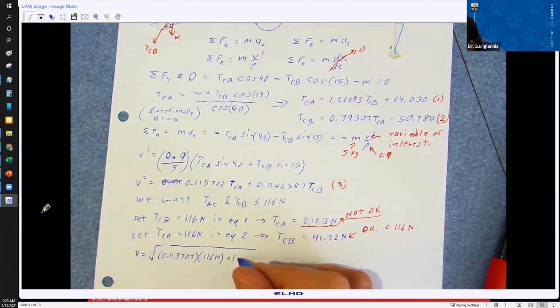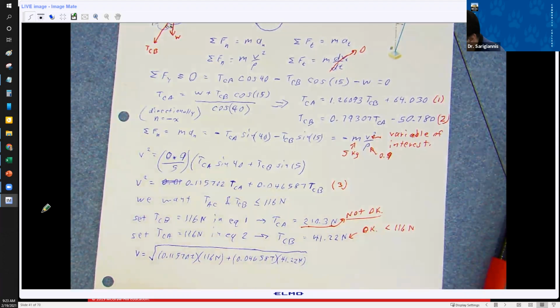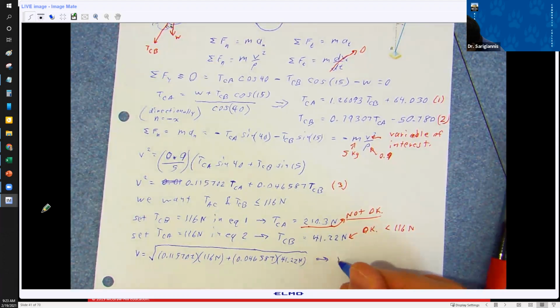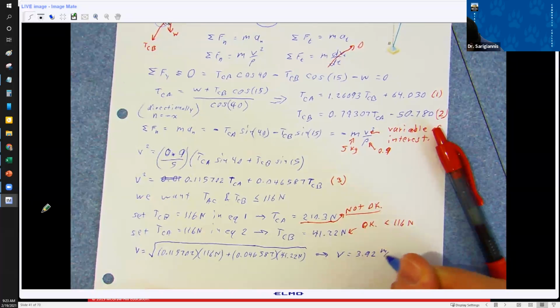Oh, I put the coefficient in first. 0.046587, times 41.22 newtons. I'll draw an arrow. This gives us a velocity of 3.92 meters per second.